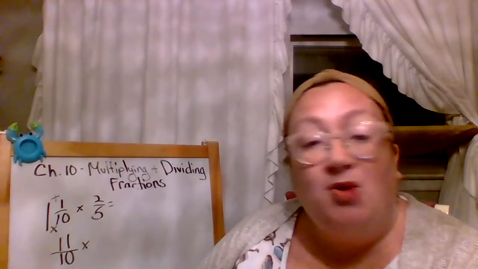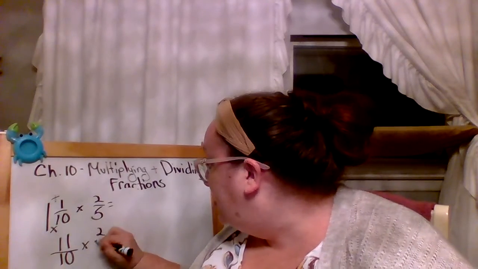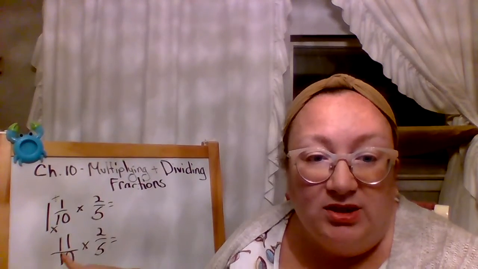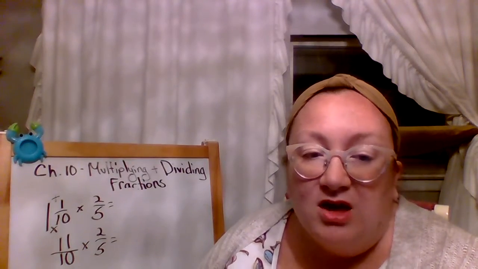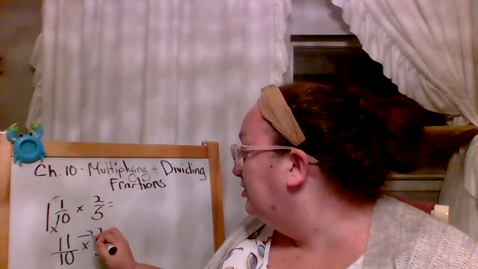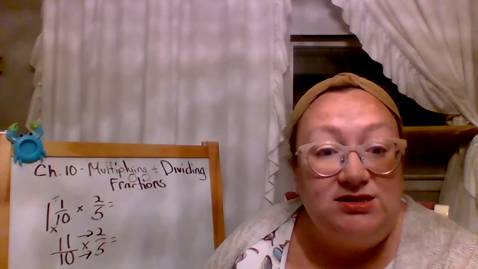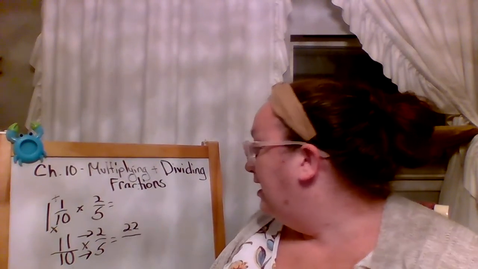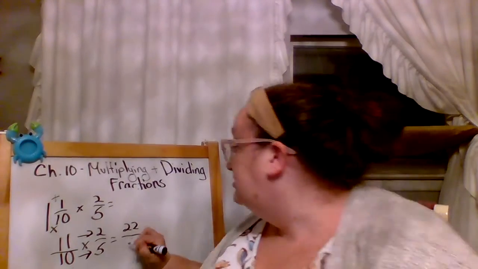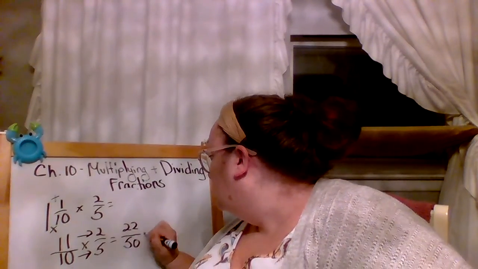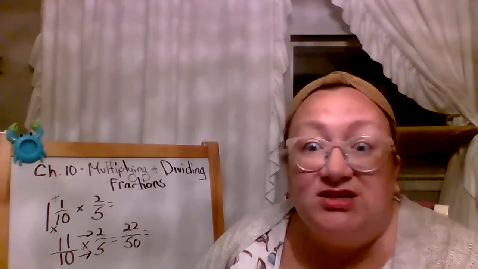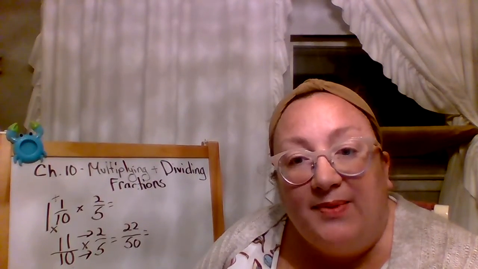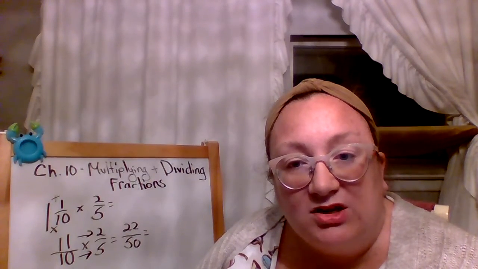Now I'm going to multiply that by 2/5. I don't have to change 2/5 because it's a plain old fraction. So 11/10 of 2/5. So I'm going to multiply across, numerator to numerator, denominator to denominator. 11 times 2 is 22. And 10 times 5 is 50. Now, looking at these, I can see that they are both even again. So I can divide by 2, or I can find a factor that's larger.